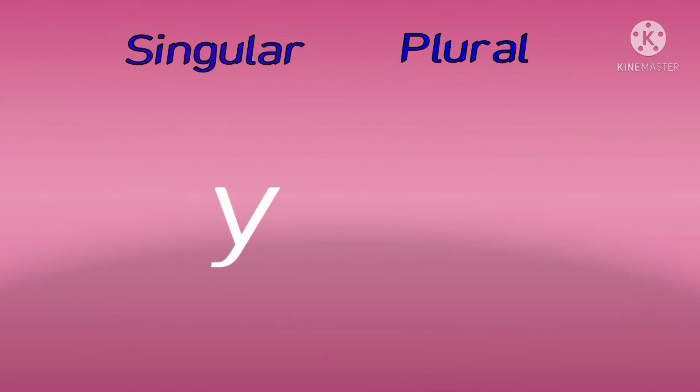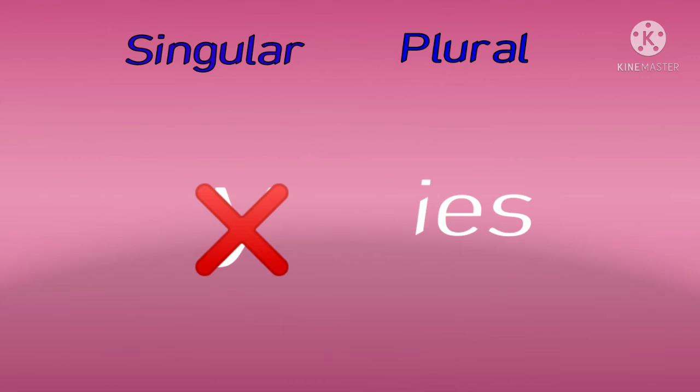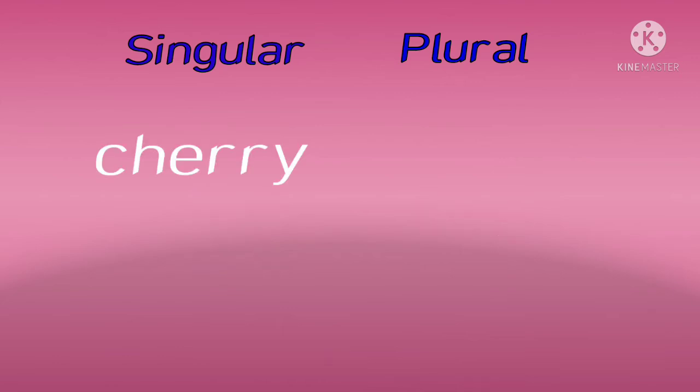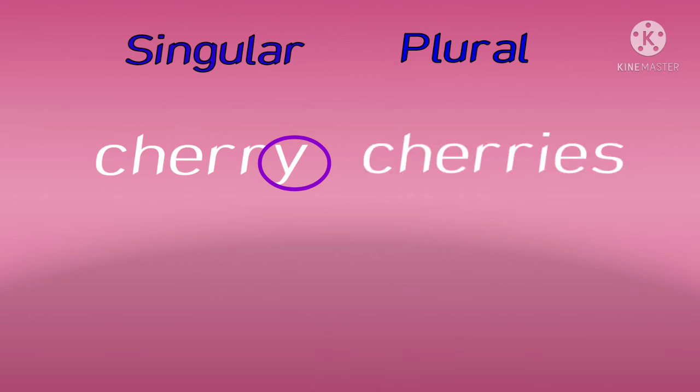For the nouns ending with the letter y, you have to drop y and add ies. Say for example, cherry. Here you have to remove y and add ies. So the plural form of cherry will be cherries.